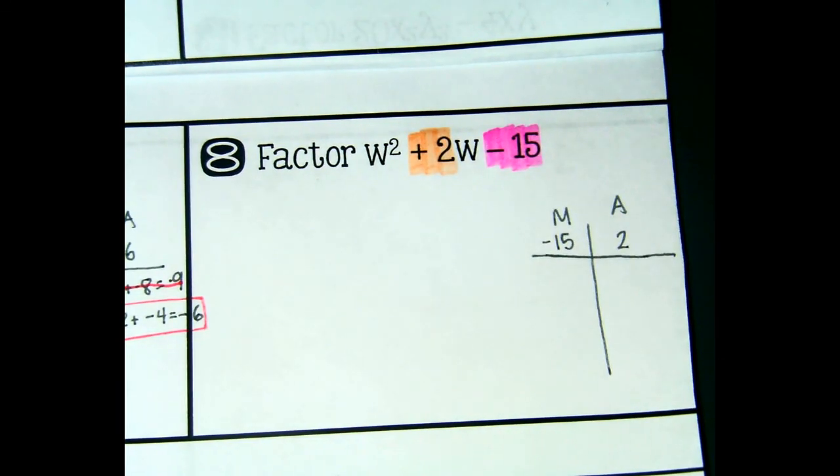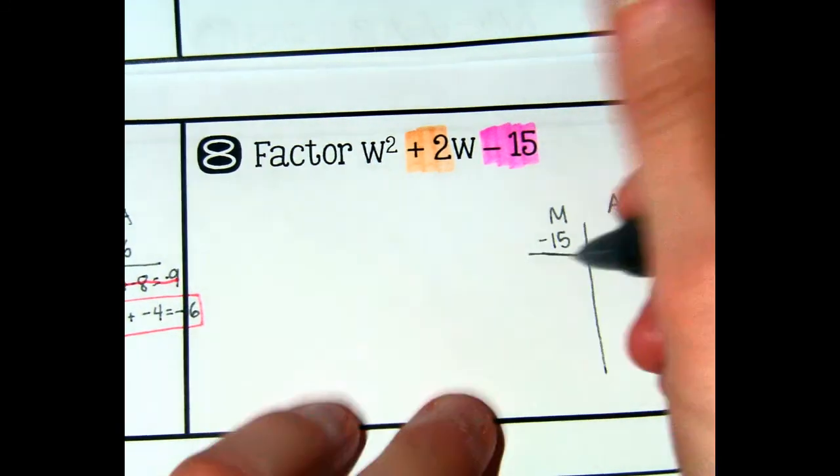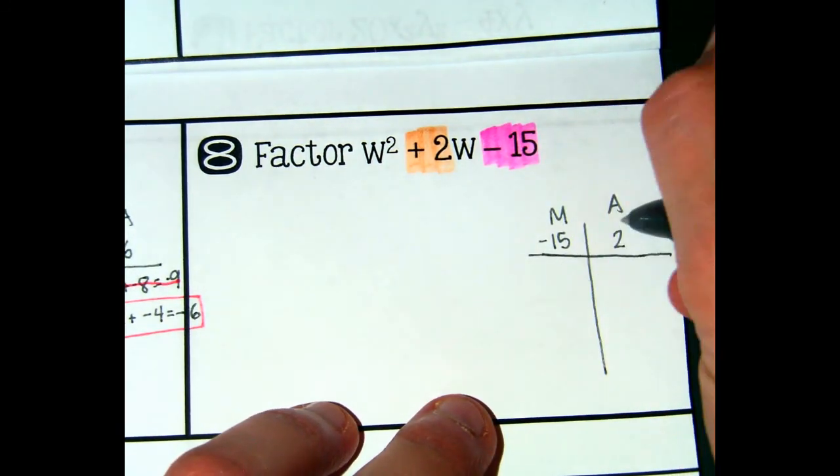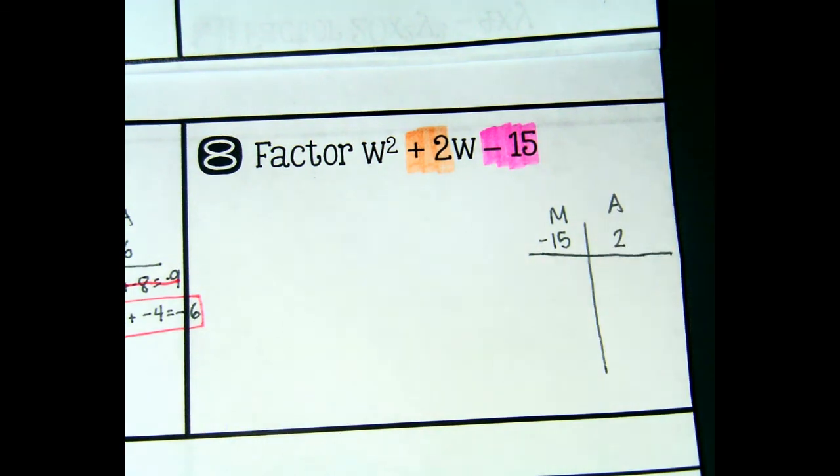What types of numbers do you have to multiply by to get a negative? One negative, one positive. Alright, here's what we need to really think about. If we need one negative and one positive, but we need a positive number, which needs to be negative? The bigger number or the smaller number? The smaller number needs to be a negative, okay?